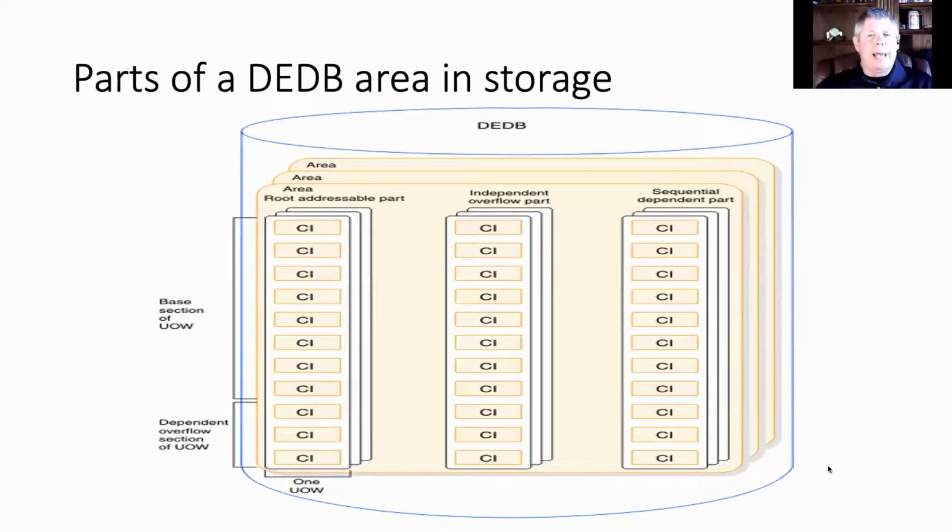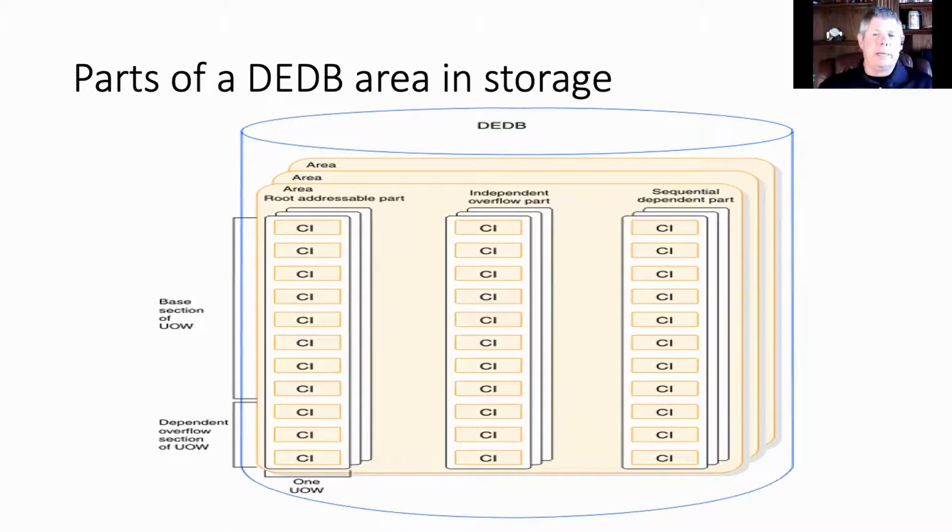This is kind of a schematic of how FastPath is set up. When a DEDB data set is initialized, additional control intervals are created for internal use, but the root addressable part is divided into different areas, one being your unit of work, which is better known as UOWs. Those are the basic elements of a space allocation.